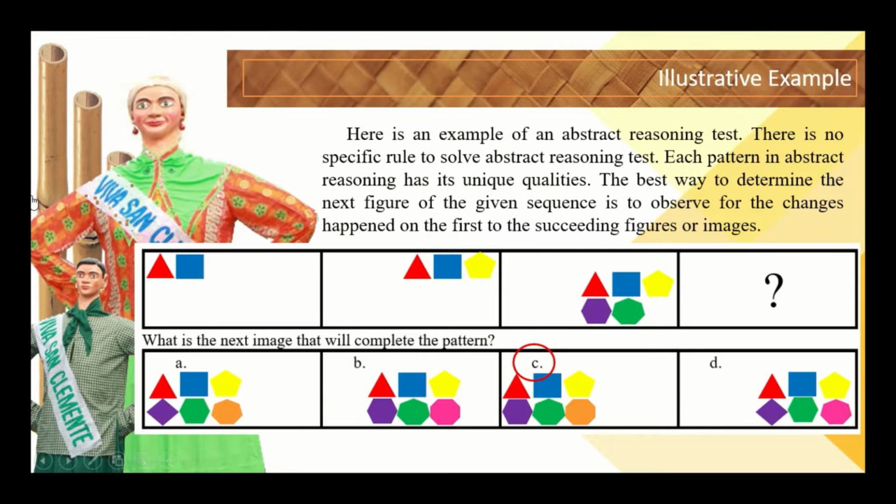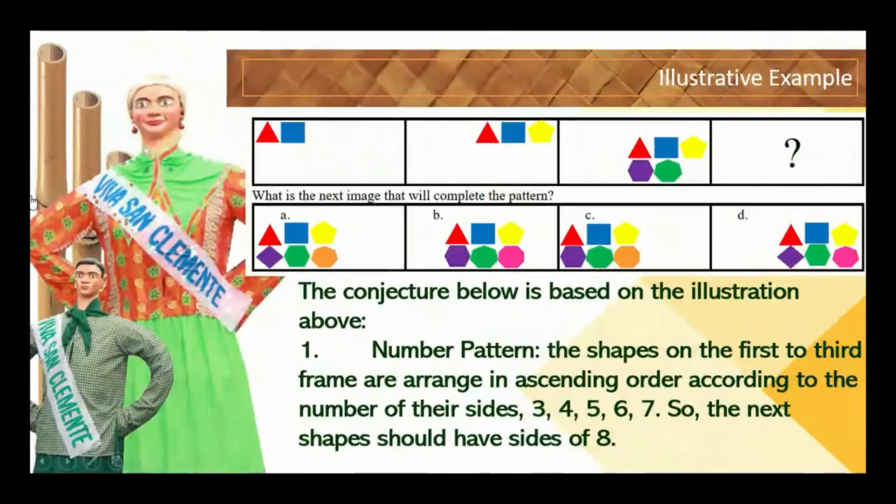Let's study the given sequence below. Observe the shapes, observe the colors, observe the movements of the shapes, and how the shapes increase. And here are the following conjectures based on the illustration. The first is a number pattern.